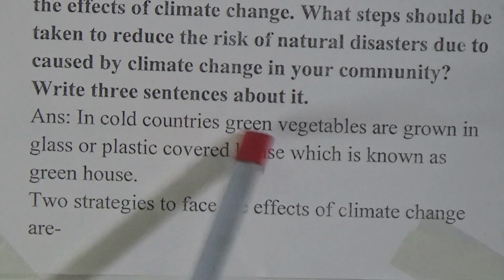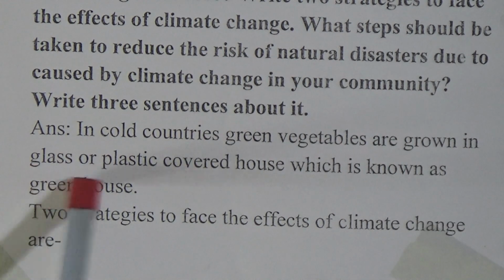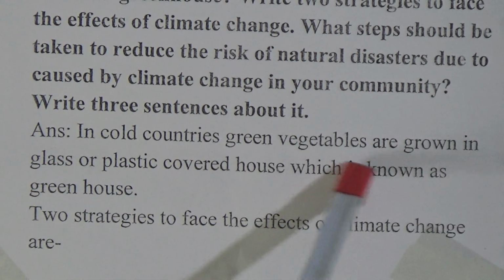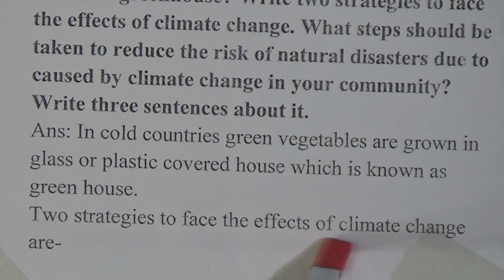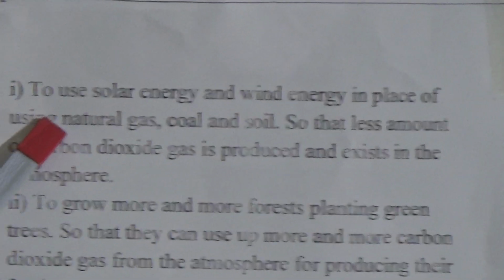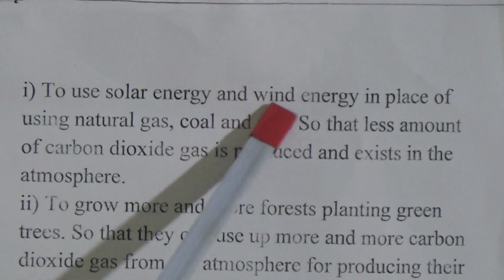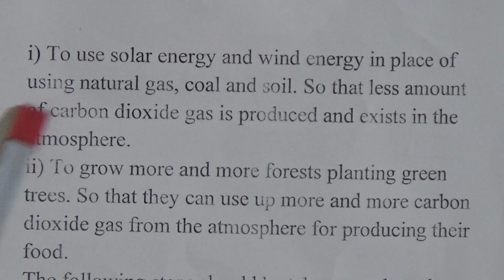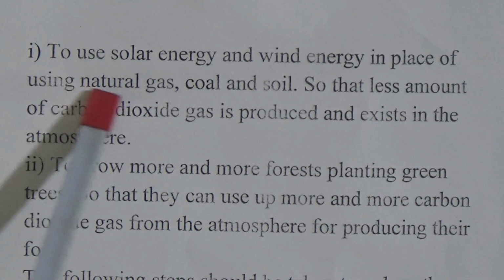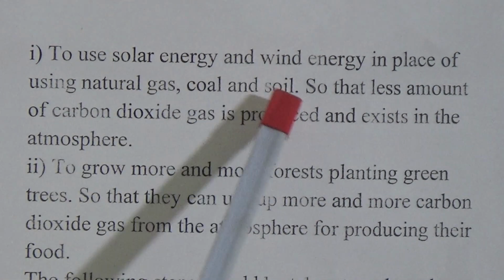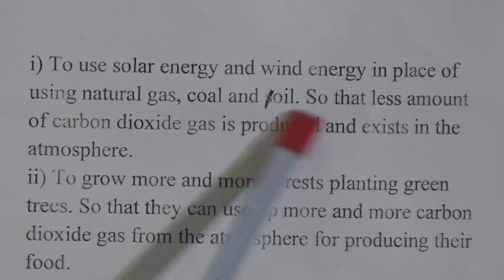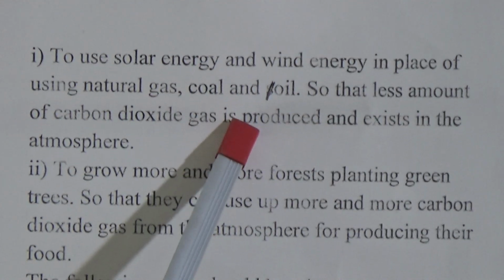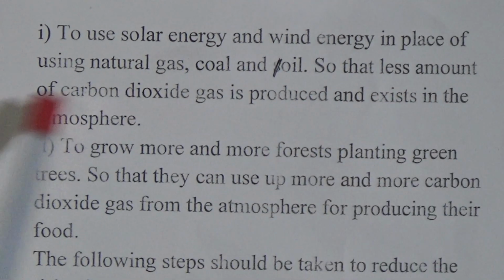In cold countries, green vegetables are grown in glass or plastic covered houses, which are known as greenhouses. 2 strategies to face the effects of climate change are: first one, to use solar energy and wind energy in place of using natural gas, coal and oil, so that less carbon dioxide gas is produced and exists in the atmosphere.